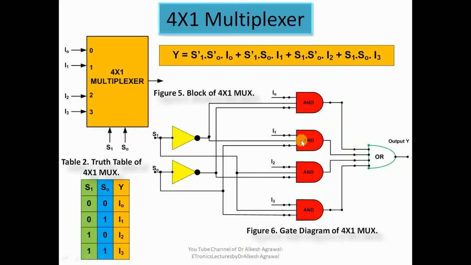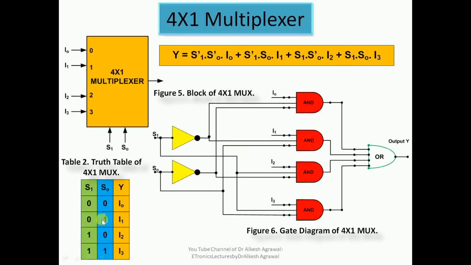For the next gate, you can see this output is connected to S1 complement. When S1 is 0, this output is high, so it is coming onto this input, and S0 is 1, so this is the input at this point.